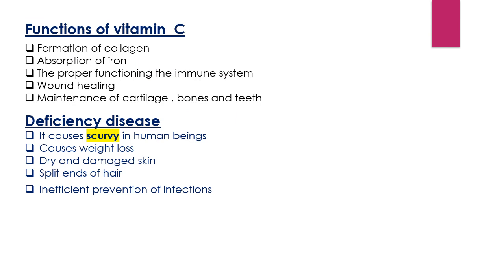Vitamin C is responsible for the formation of collagen. Collagen is the most abundant protein present in our body, accounting for up to 30% of the total proteins present in our body.